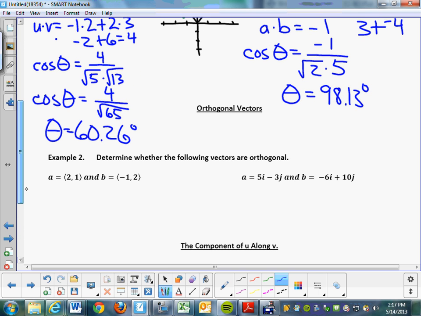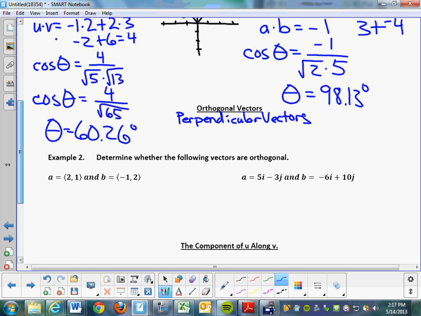All we're going to do is orthogonal vectors, and then when you're done, you're going to have work time. Orthogonal vectors, perpendicular. So, let's see here. We should be able to figure this out. If the vectors are perpendicular, what angle do they make? 90 degrees.